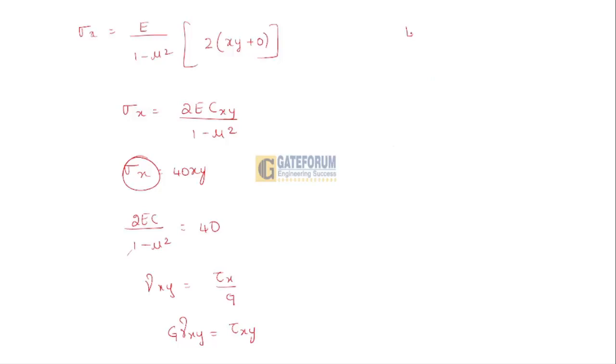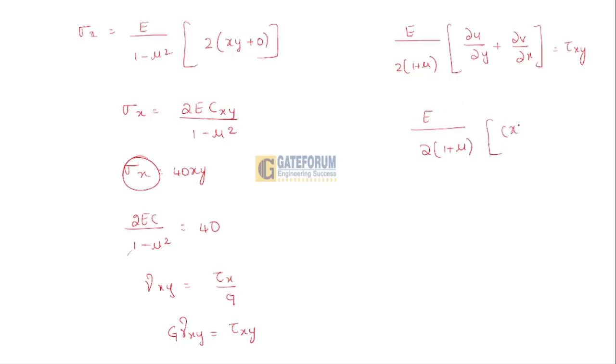Substitute here, E by 2 into 1 plus mu, dou u by dou y plus dou v by dou x is equal to tau xy. E by 2 into 1 plus mu into c x square plus 0 is equal to alpha x square.